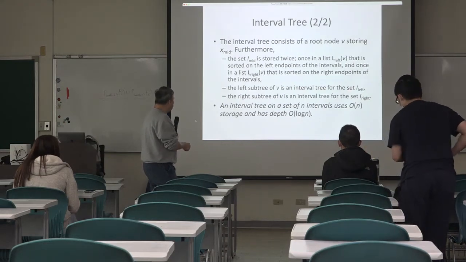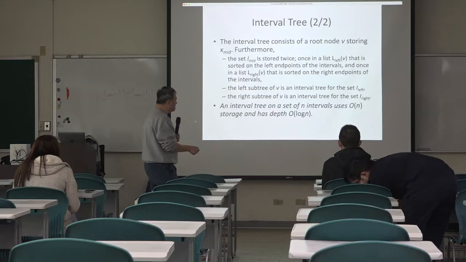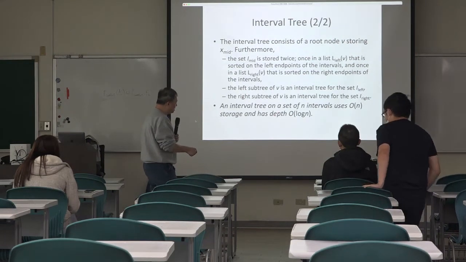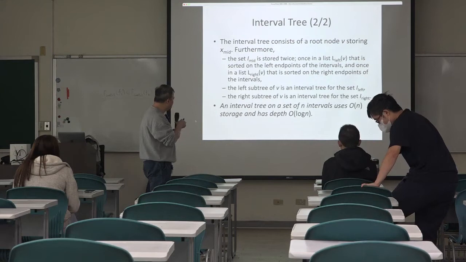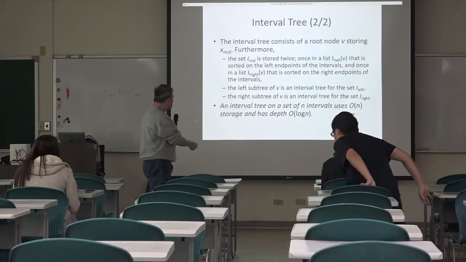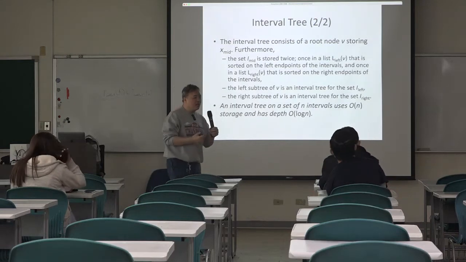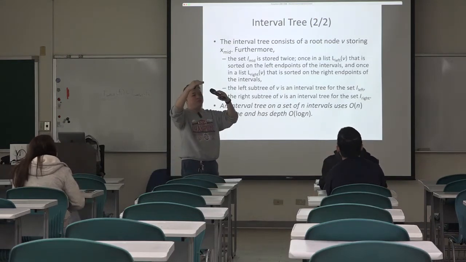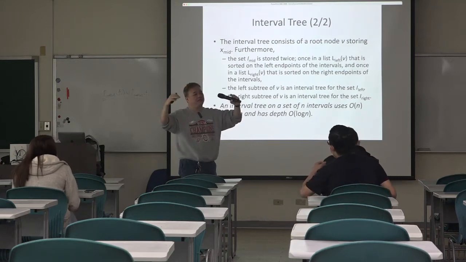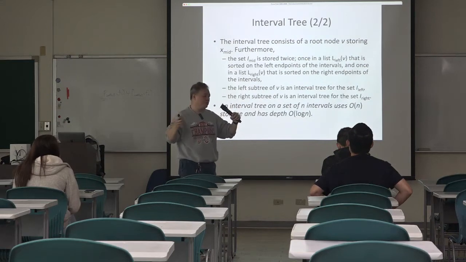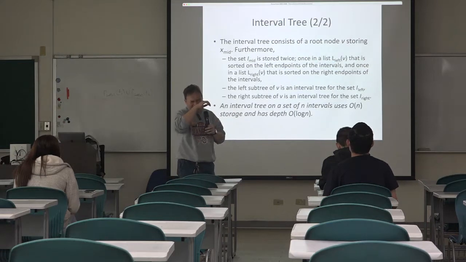This interval tree on a set of n intervals uses linear storage and has depth O(log n). For the depth, this should be very obvious, right? Because each time you are breaking the set of intervals, since you are finding the median of the endpoints.